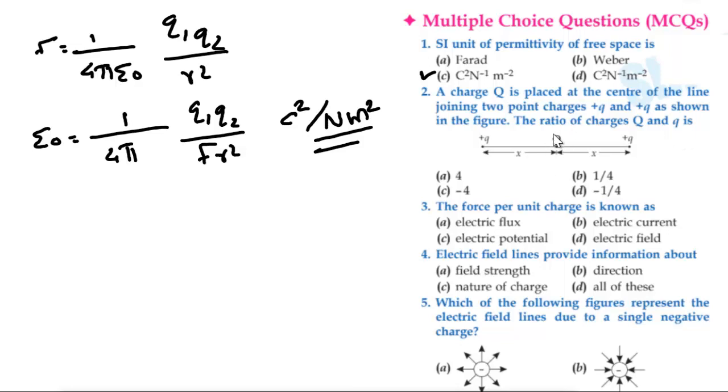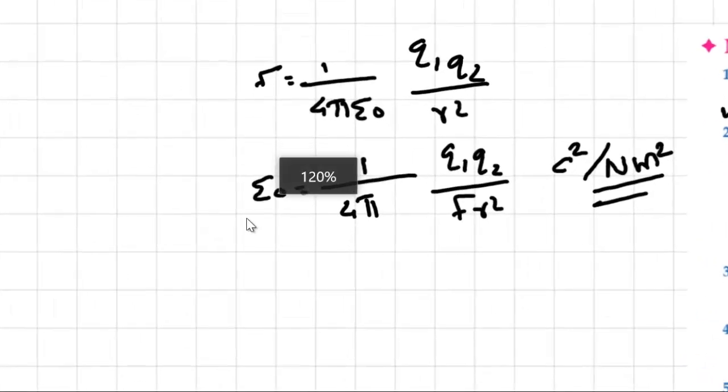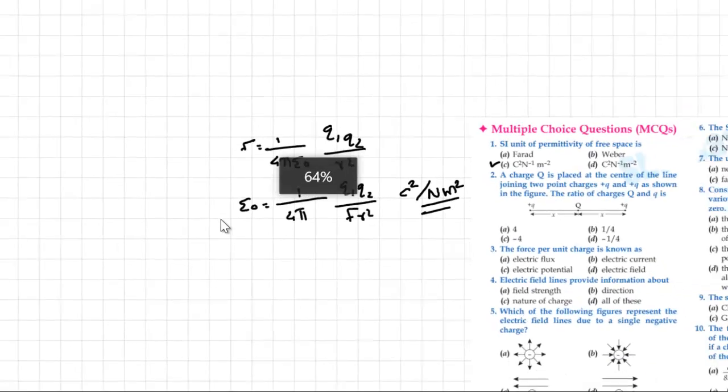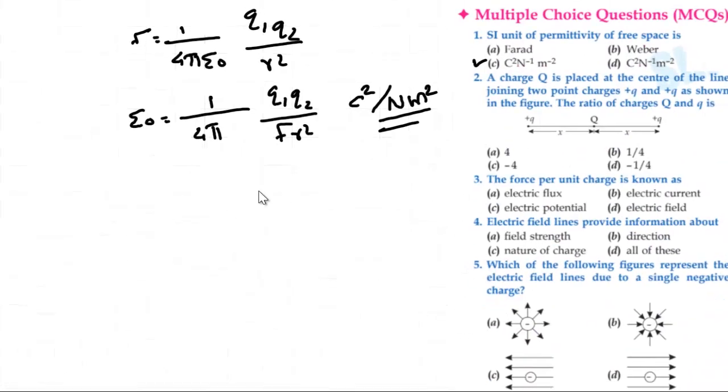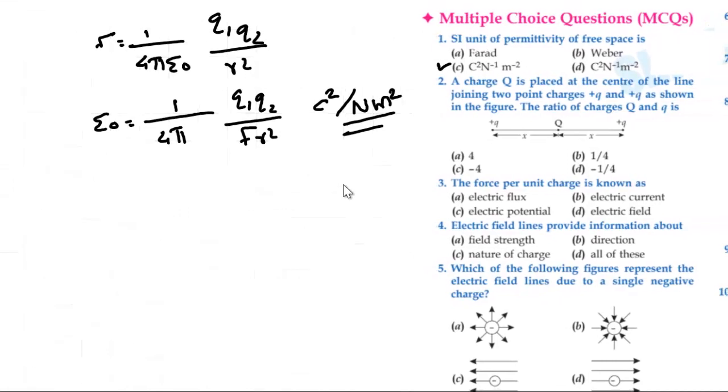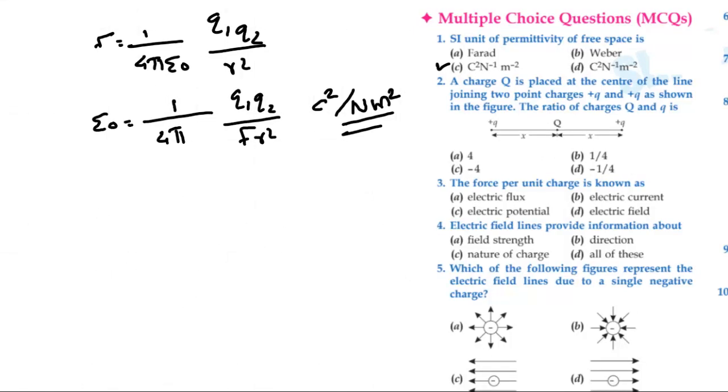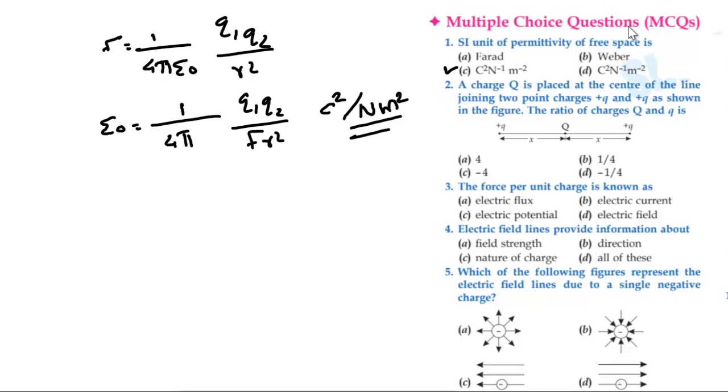So if we are able to keep a charge at a point, see here, we have two charges, one is plus q here, and this is also plus q. Another charge I am keeping over here, capital Q.